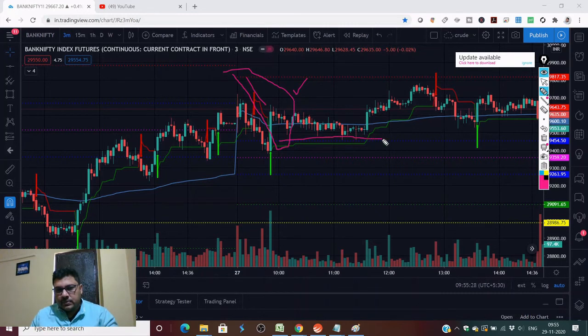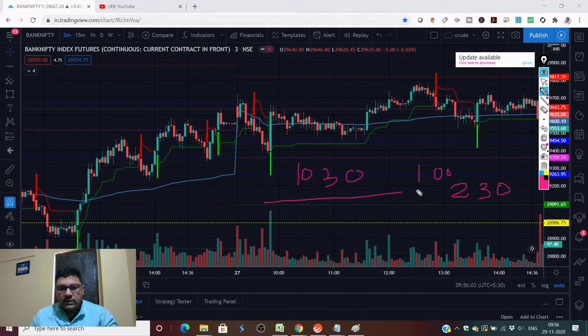After that they get busy and don't come to the markets, and then there is lunch time, and after lunch, around 1 o'clock when the US markets open, there is again action in the market. So this is till 10:30, and then about 1 o'clock you can see a movement, and then again at 2:30.